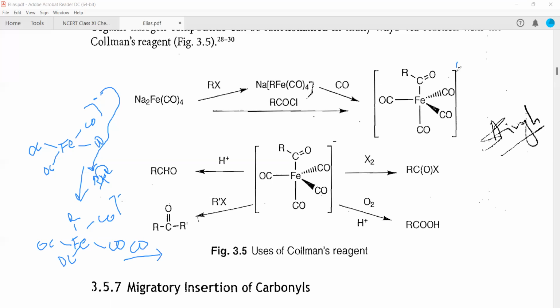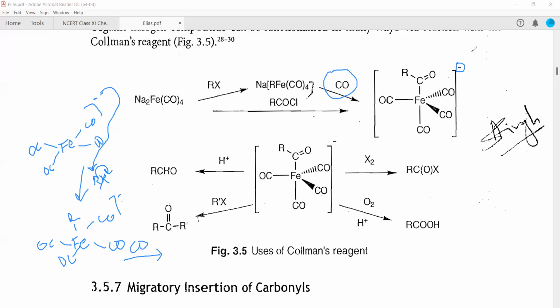There is no change in the electron count, because you are adding a neutral ligand, so there is no change in the electrons at the coordination complex. So this is how you can form this.